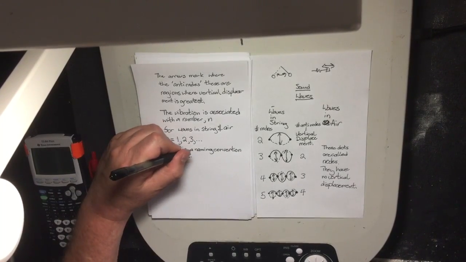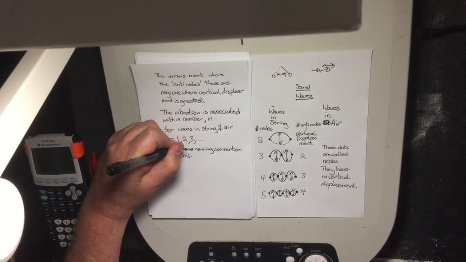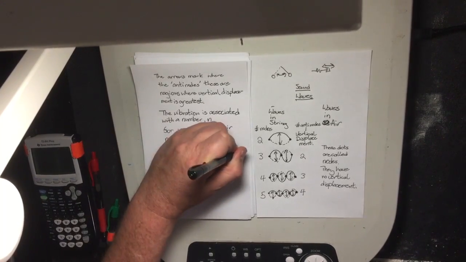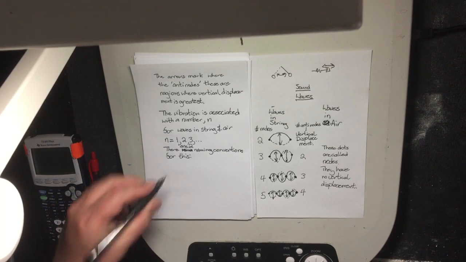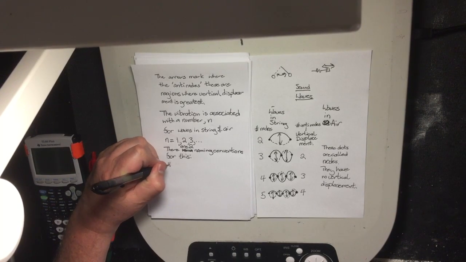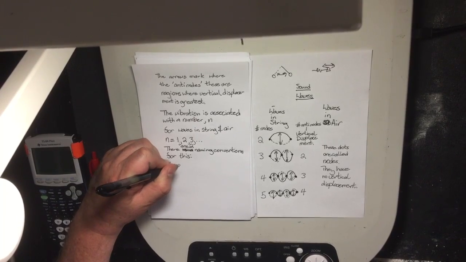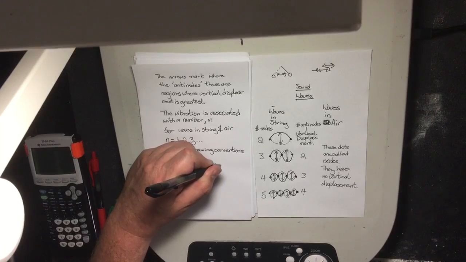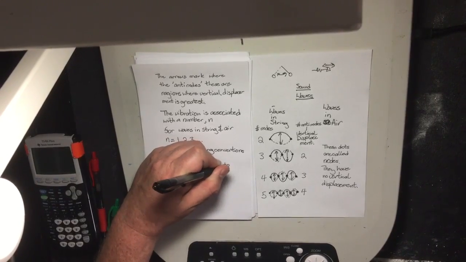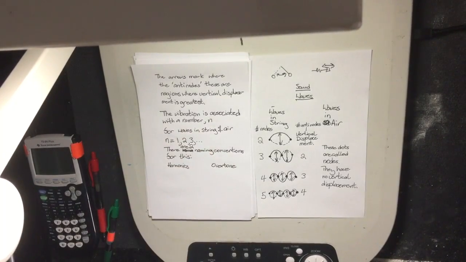Actually, I should say, there are two naming conventions for this, and we're going to learn both of them. There is the harmonics convention, and then there is the overtone convention.